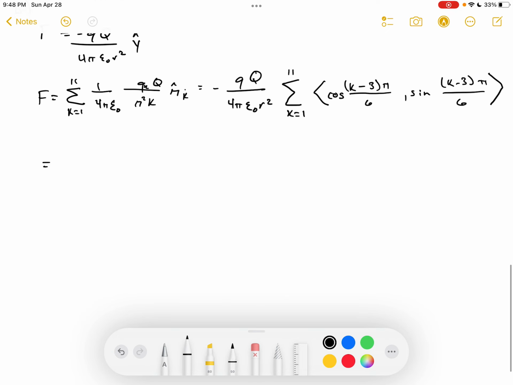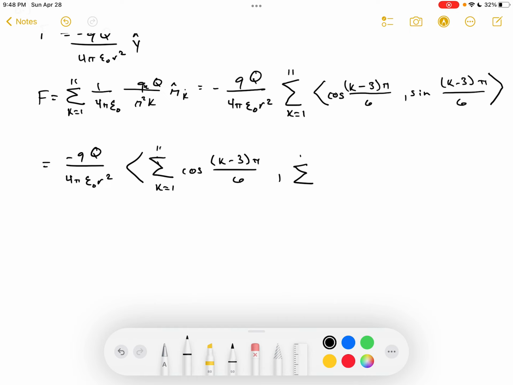That then equals negative q over 4 pi epsilon naught r squared times the vector, sum from k equals 1 to 11 of cosine of k minus 3 pi over 6, and sum from k equals 1 to 11 of sine of k minus 3 pi over 6.